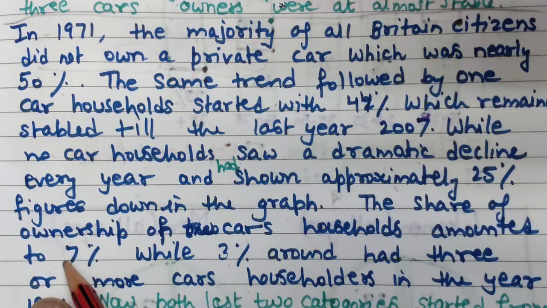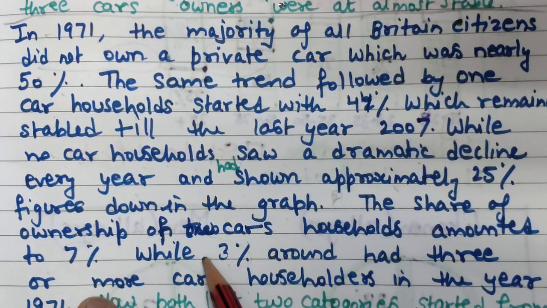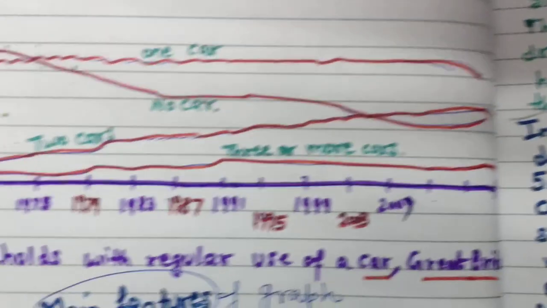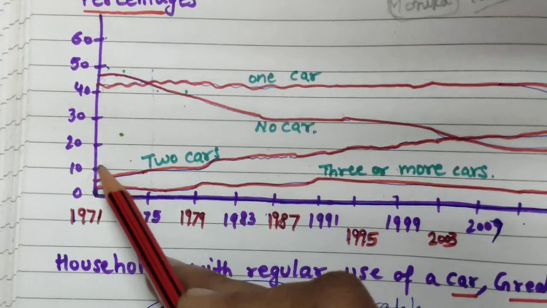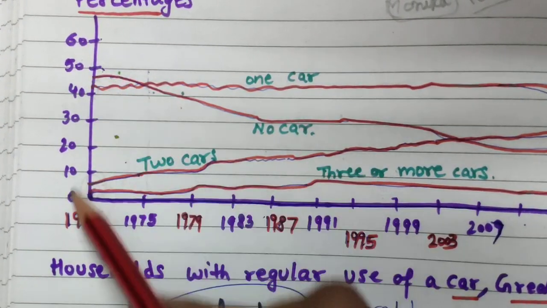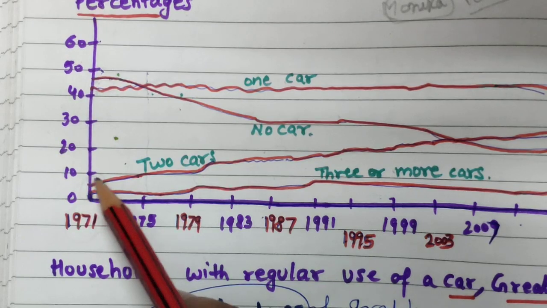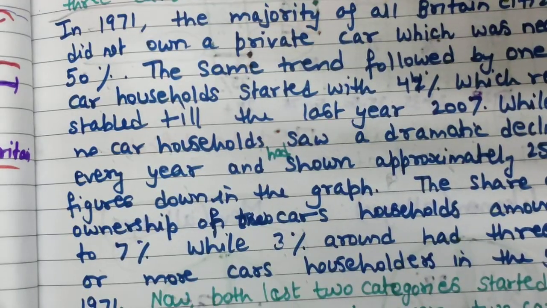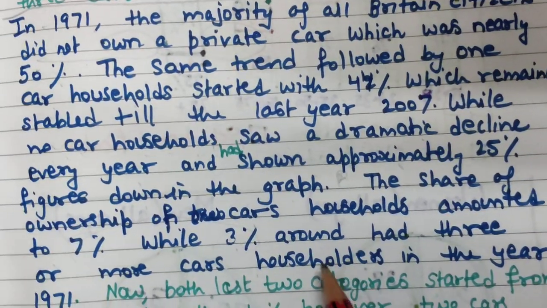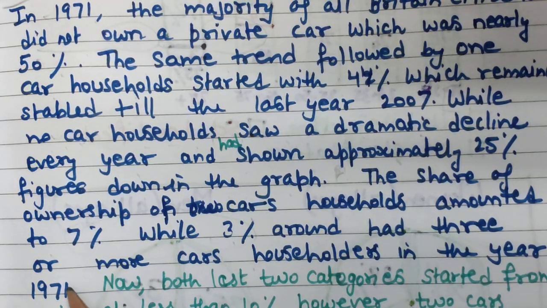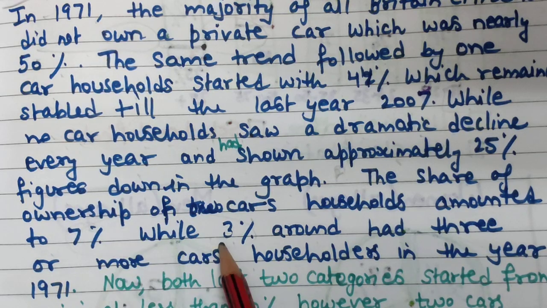So I have combined these two percentages, these two lines. I am talking about these two lines, still about 1971 only. You can see around 3% had three or more car households in the year. Now the combination of two lines.